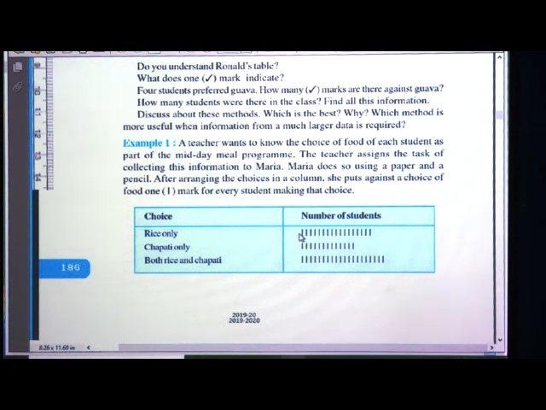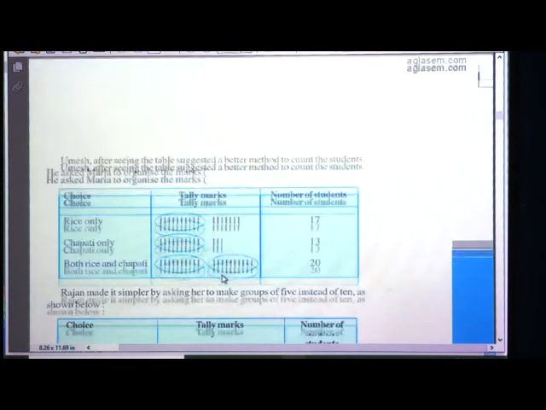So, how many students like rice? 1, 2, 3, 4, 5, 6, 7, 8, 9, 10, 11, 12, 13, 14, 15, 16, 17. So, in this way the number of lines are counted and we can know the total number of students who like rice, who like chapati and who like both rice and chapati. Let us see here.